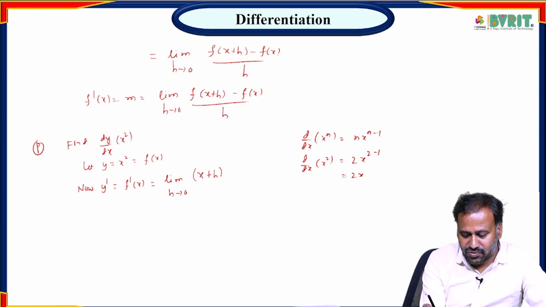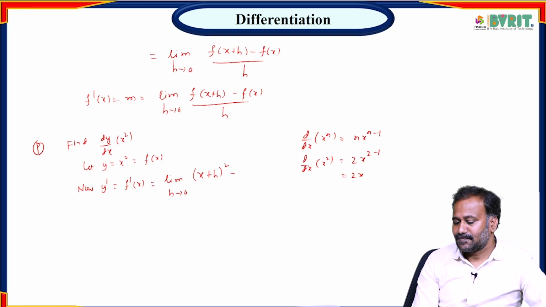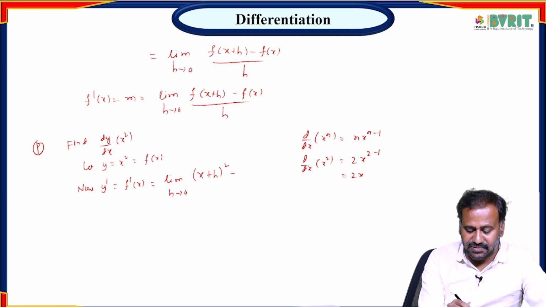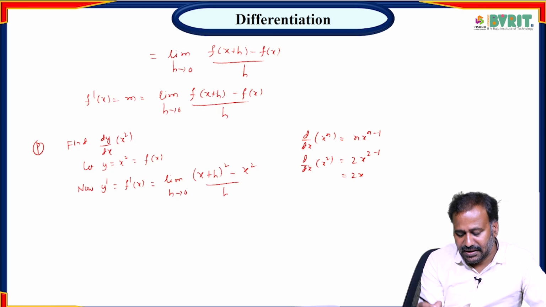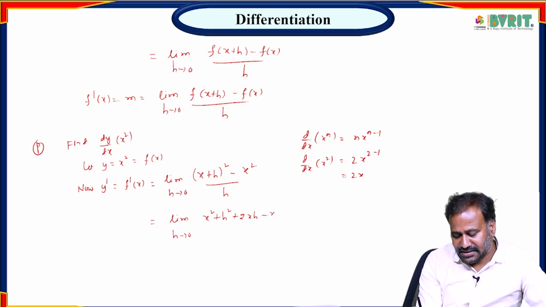So x plus h whole square minus f of x, which is again x square, divided by h. That equals limit h tends to 0, a plus b whole square, which is nothing but x square plus h square plus 2xh minus x square divided by h.